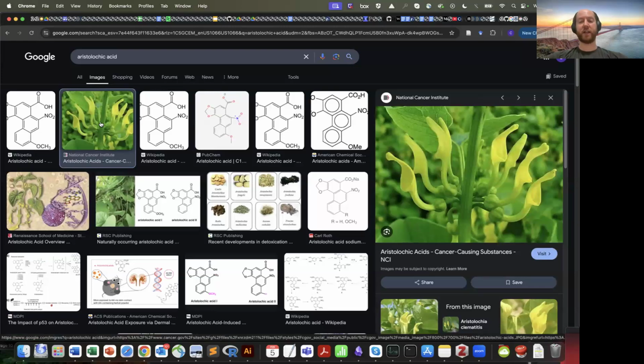The reason aristolochic acid is very interesting in this regard is that this was common in the Balkans back in the late 20th century. If you have bread and you don't have proper milling procedures and ways to separate the wheat from the plants that have aristolochic acid, then aristolochic acid on its own will cause mutations, and there'll be specific cancers that are caused, and they can be mapped all the way back to this plant.